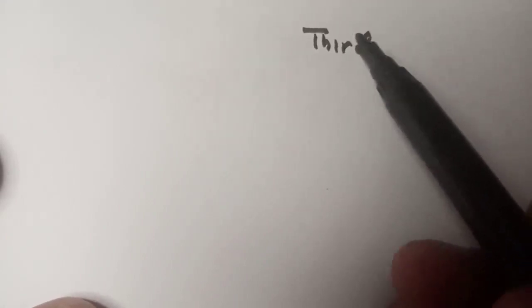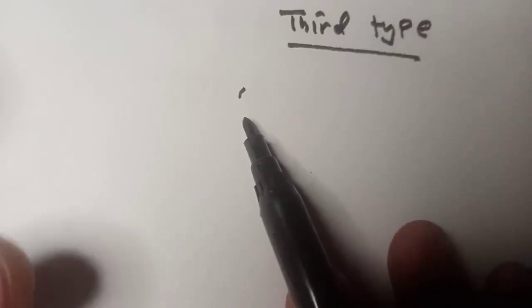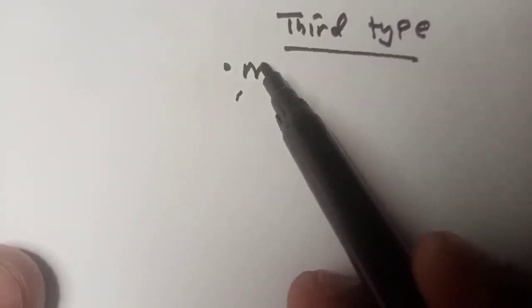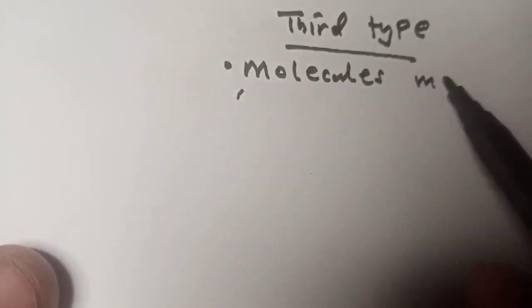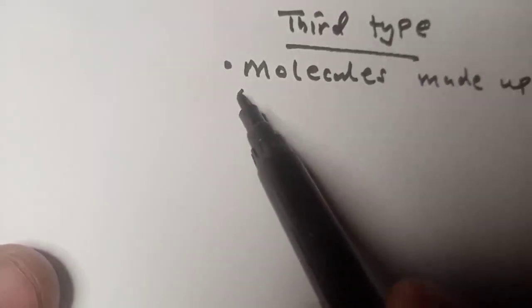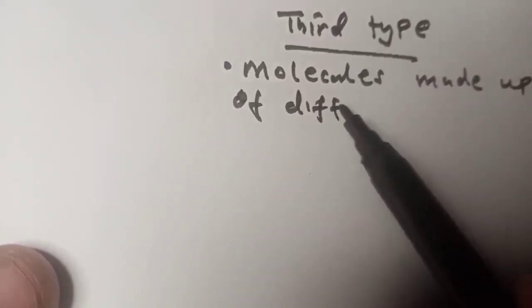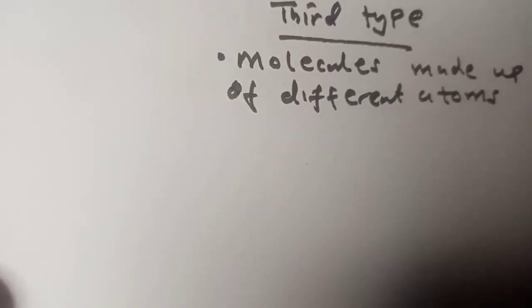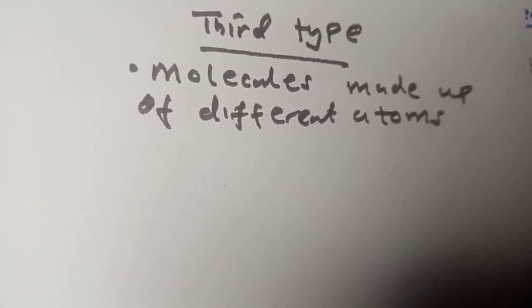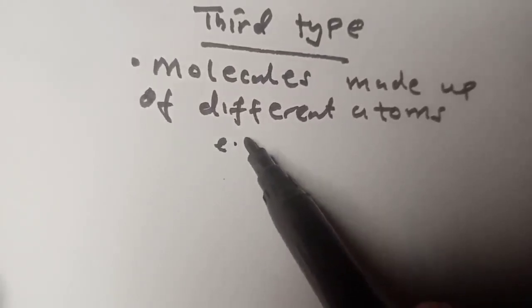The third type of molecules consist of molecules made up of different atoms. Molecules made up of different what? Atoms.